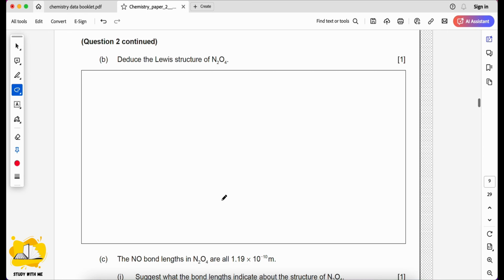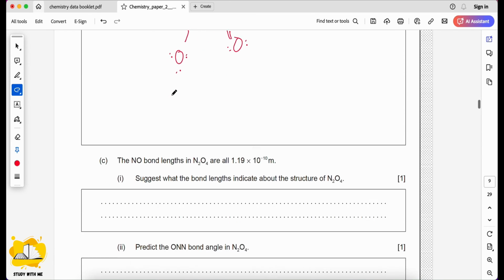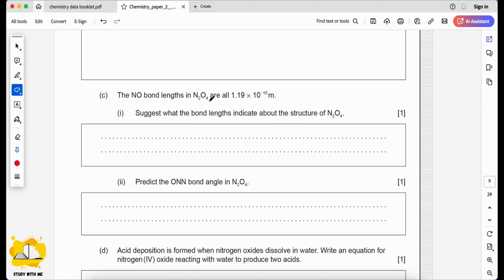Deduce the Lewis structure of N2O4. N2O4. So, what does the bond length indicate about the structure of N2O4?